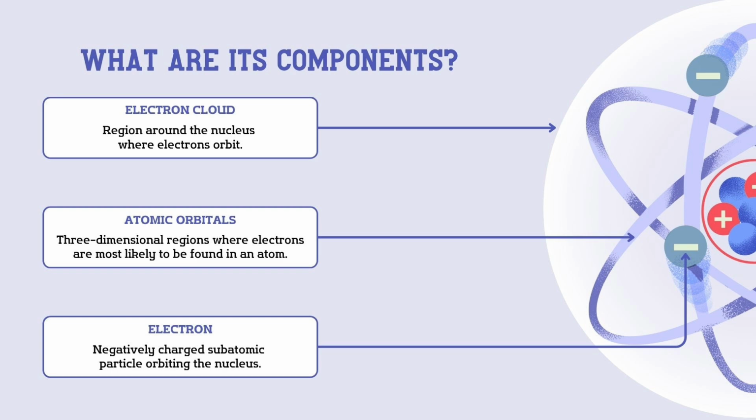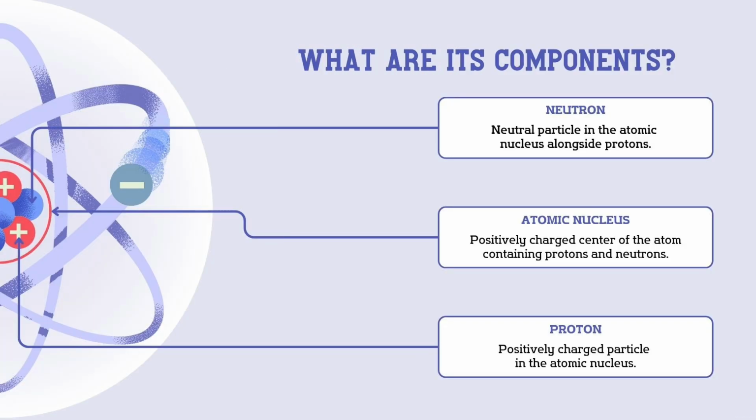And finally, we have the electrons themselves. They are negatively charged subatomic particles that occupy the atomic orbitals surrounding the nucleus. The number of electrons in an atom usually equals the number of protons in the nucleus, resulting in a neutral overall charge. Now let's continue.